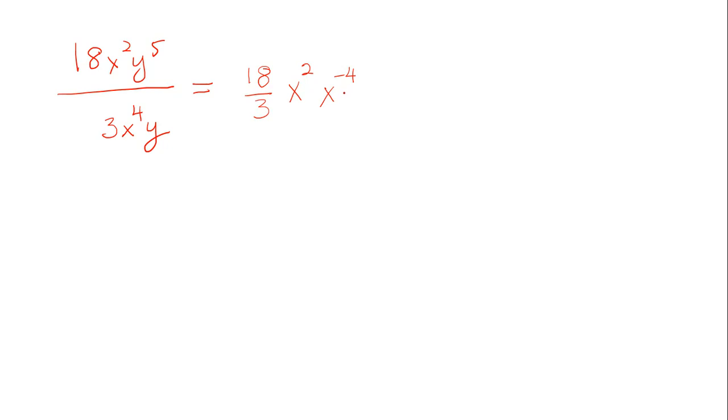Because you have 1 over x and then you diminish your 1 over, now it becomes a power just like this. The same thing for your y, you have y to the 5, and then the same thing I did for your y at the bottom part.